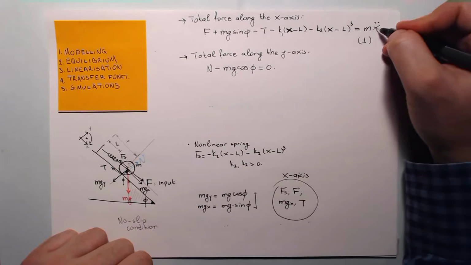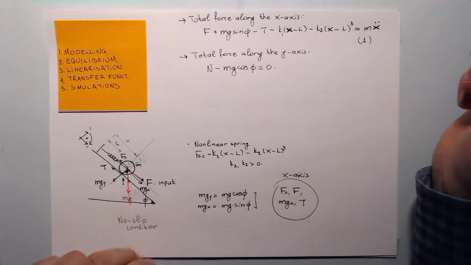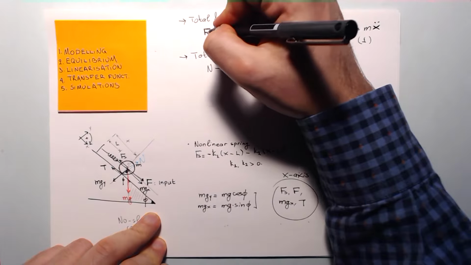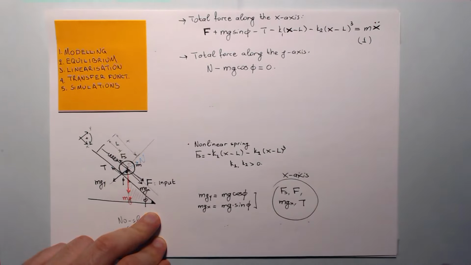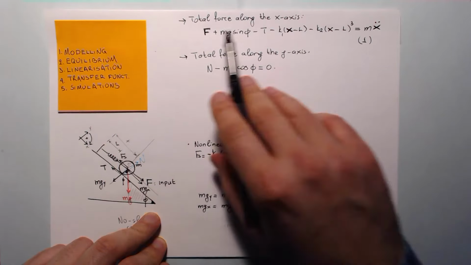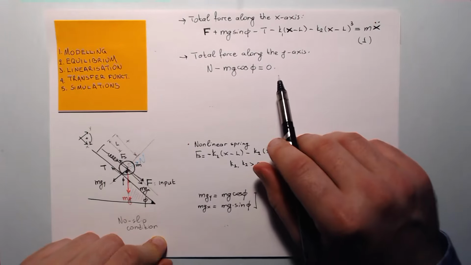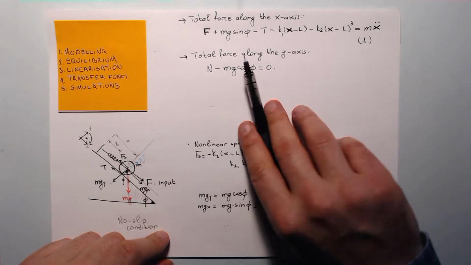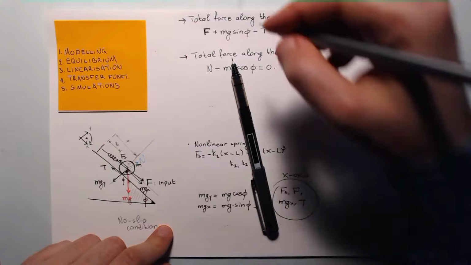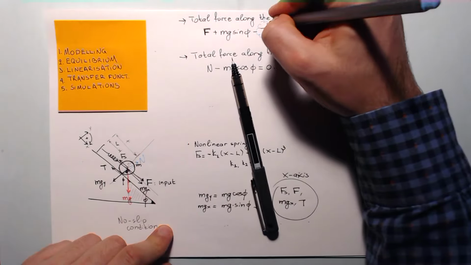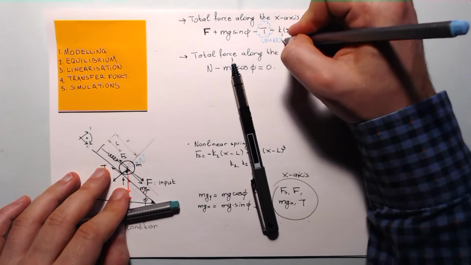This is mainly the variable of interest here. It involves F, uppercase, which is the input force. So it involves the input, the state, or the output. If we can measure it, we can call it an output. And also it involves that friction T, which is unknown.